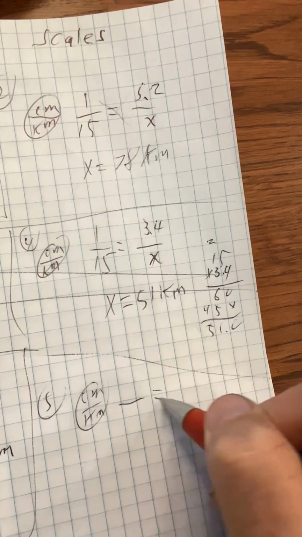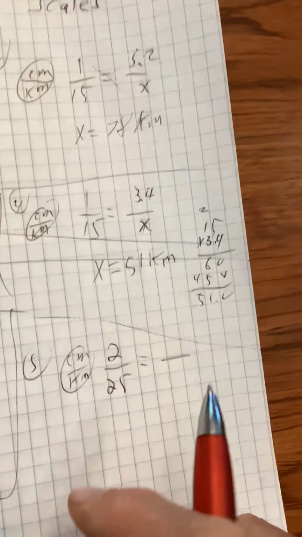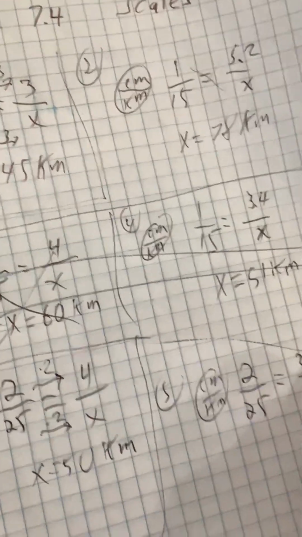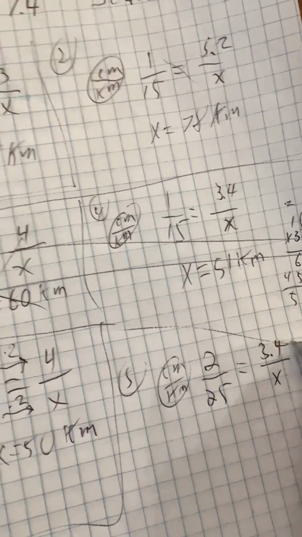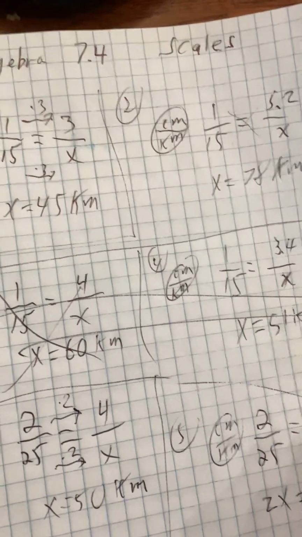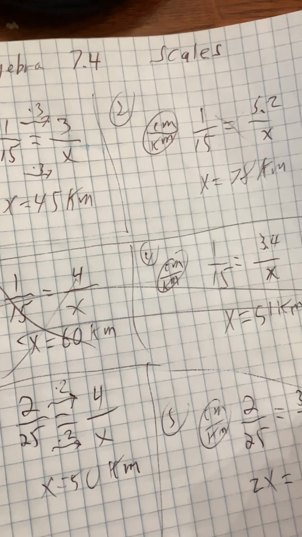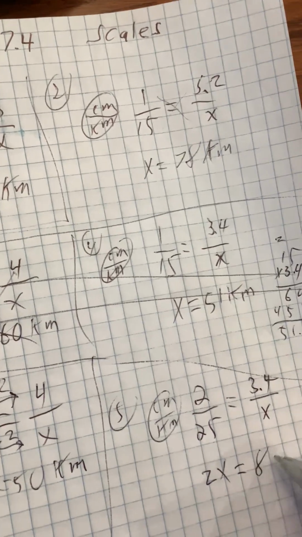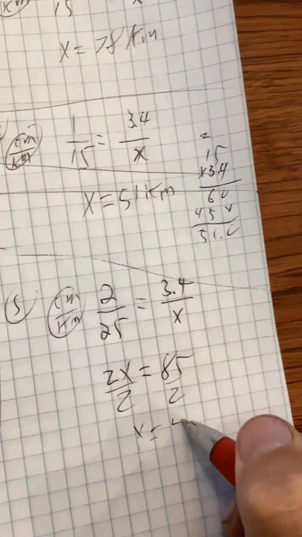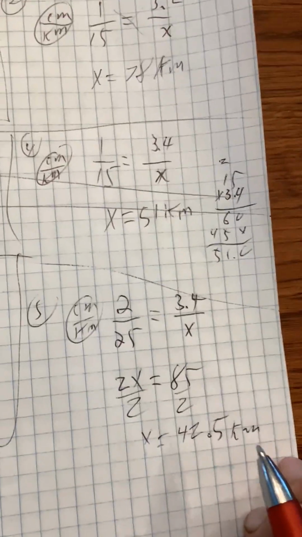It's gonna be 2 over 25, and this time it's 3.4, and here's your x, and so 2x equals 75 plus 10 would be 85, and half of 85 is 42 and a half kilometers, right? So there's that.